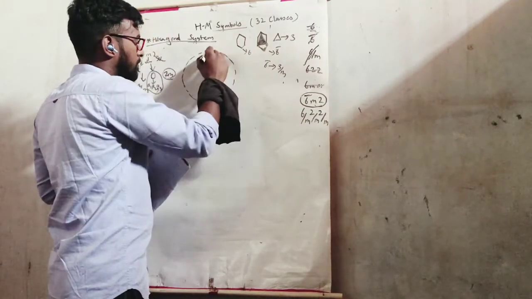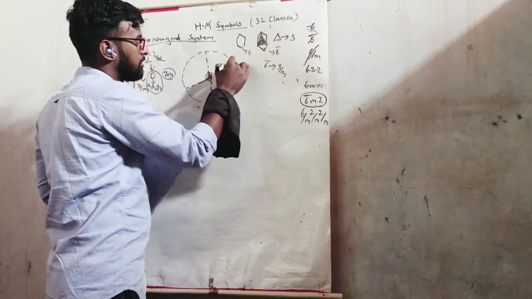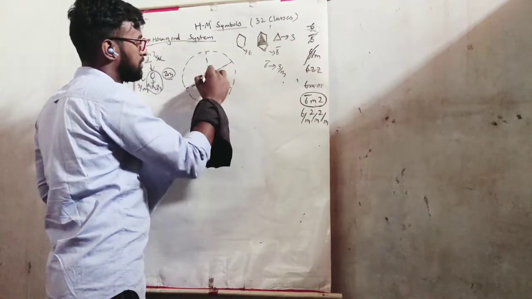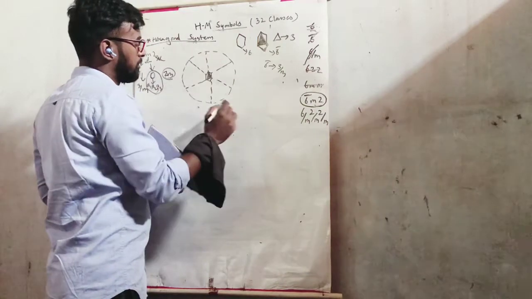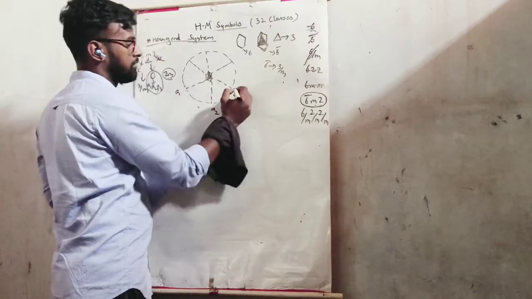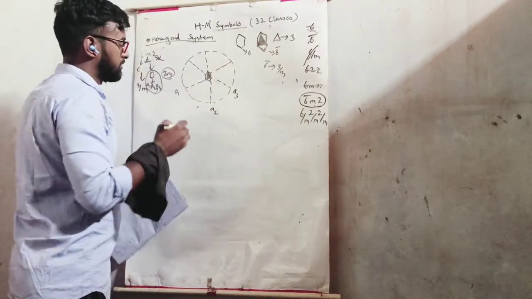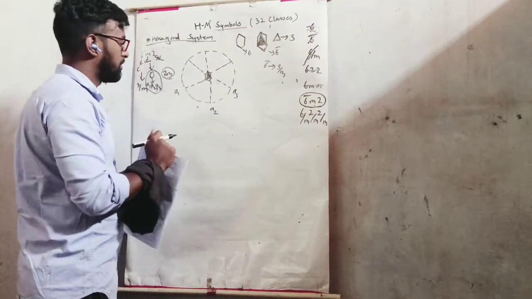So first, these are the a1, a2, a3. They don't have any work. They only need to be mentioned. So we need to draw the diagonals first, because our operations will be about the diagonals.